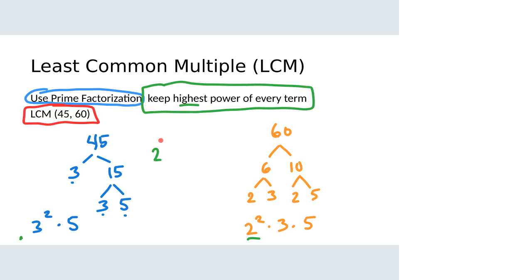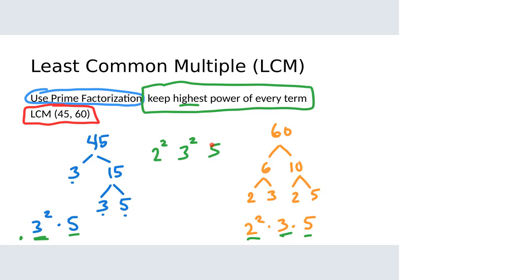I'm keeping 2 squared. I'm keeping the highest power of everything that happens. I have 3 squared. I have 3 to the first. I'm keeping the highest power, so I'm keeping 3 squared. There's a 5 to the first and a 5 to the first, so I'll keep 5 to the first. I don't make it 5 to the second. I just keep whatever I see. I keep the highest power of whatever I see anywhere.